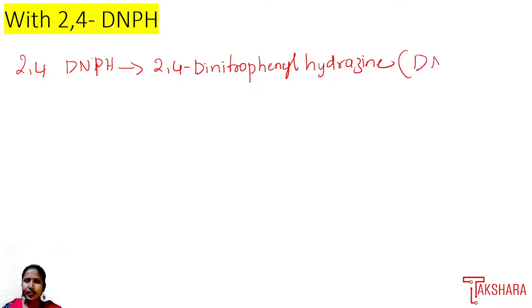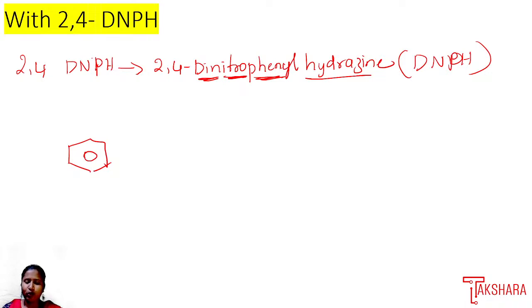So that is DNPH. Here D stands for di, N stands for nitro, P stands for phenyl, H stands for hydrazine. So 2,4-dinitrophenyl hydrazine, we call it 2,4-DNPH. See, let us write the structure. This is the phenyl ring.